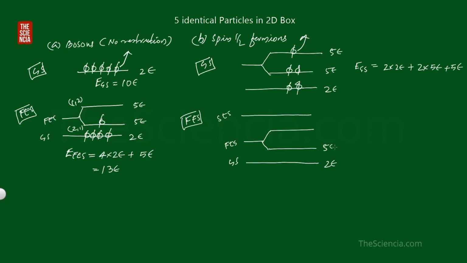And this energy is 5e, this energy is also 5e, and the next energy level is 8e. So this particle is jumping to the higher state, so it will go here, right? And the remaining 2 particles are in the 5e state and 2 particles in the ground state. So the energy of the first excited state of these 5 identical particles in a 2D box will be 2 into 2e plus 2 into 5e plus 8e.